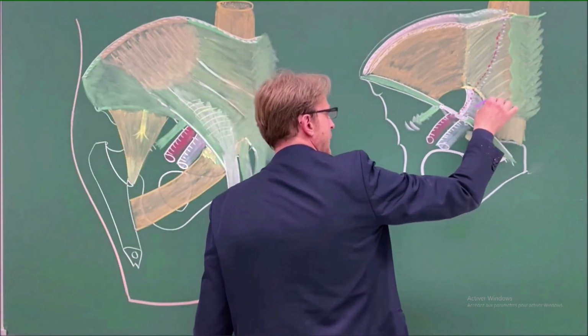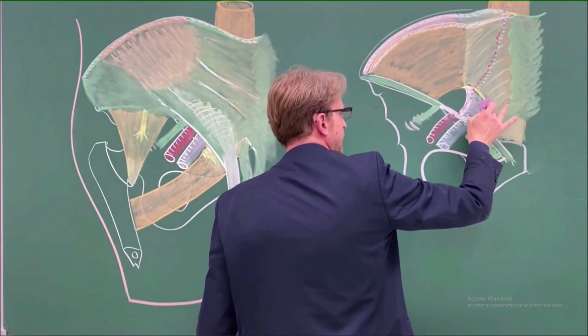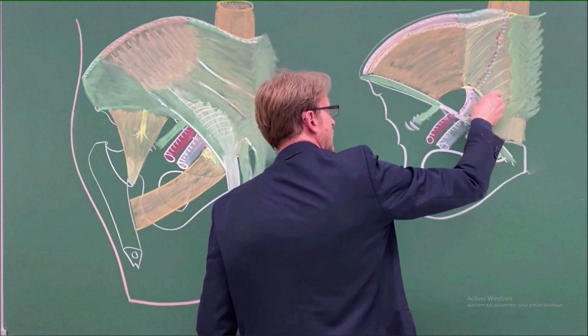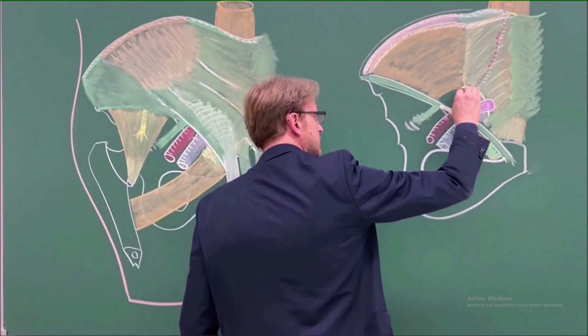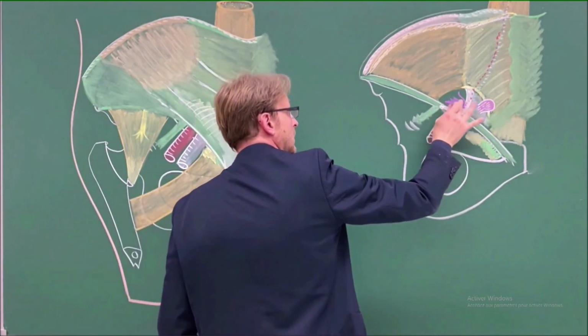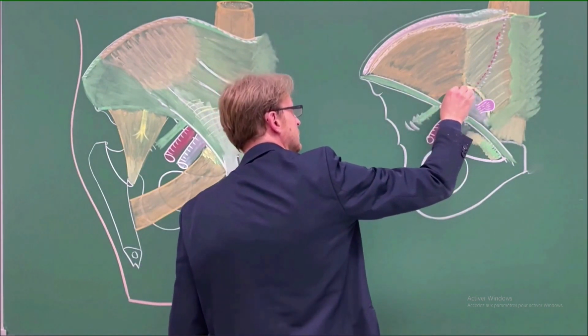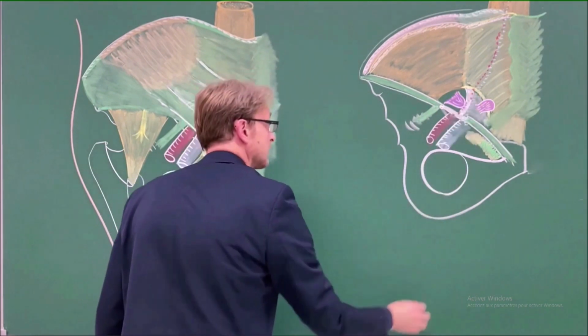So medially of these vessels, we will find the medial hernias or direct hernias. Laterally from the deep inguinal ring, it is the lateral hernias or indirect hernias, and inferiorly here, of course, the femoral hernias.